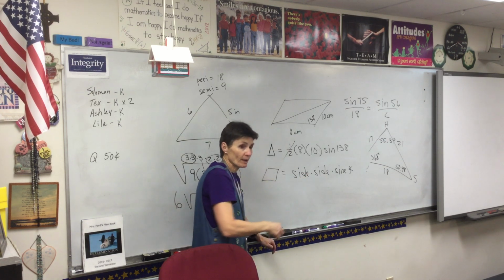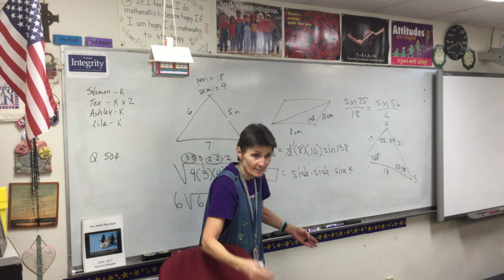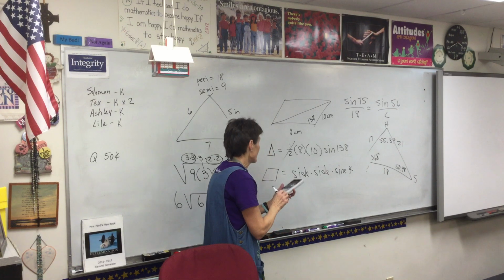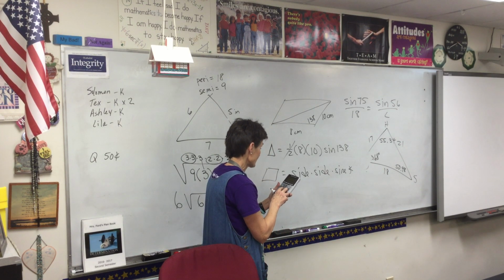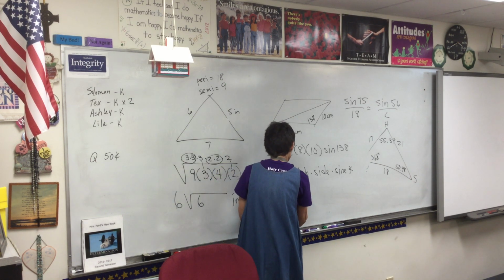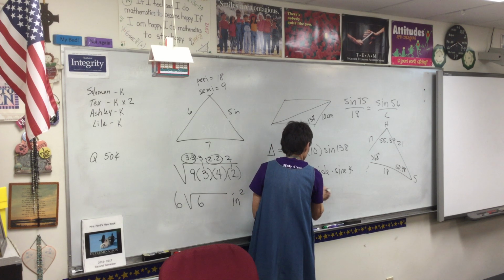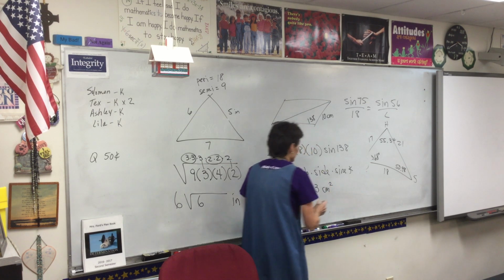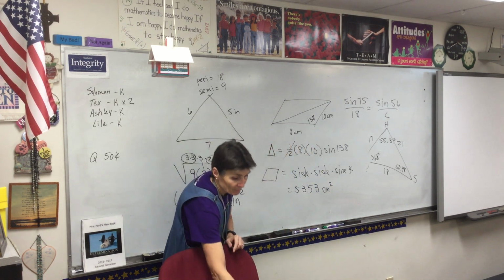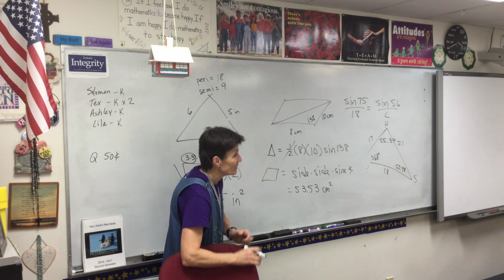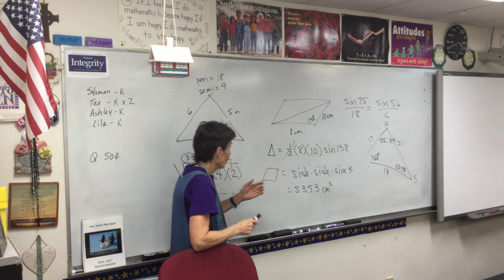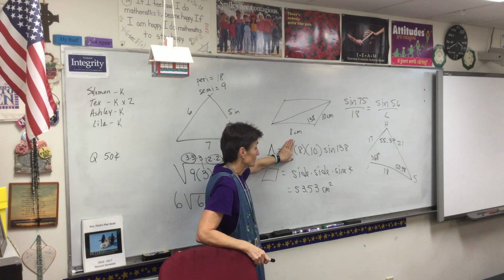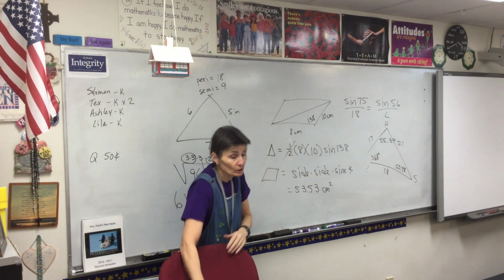And for a parallelogram, it's just side, side, sine of included angle. So your answer is 8 times 10 times sine 138, 53.53 square centimeters. So you can either find the area of the triangle and double it, or just leave the half off and use side, side, sine of included angle.